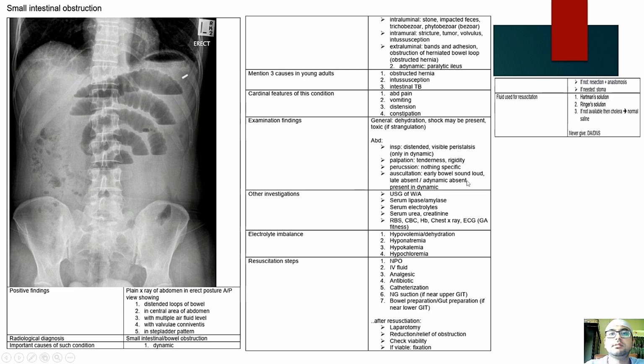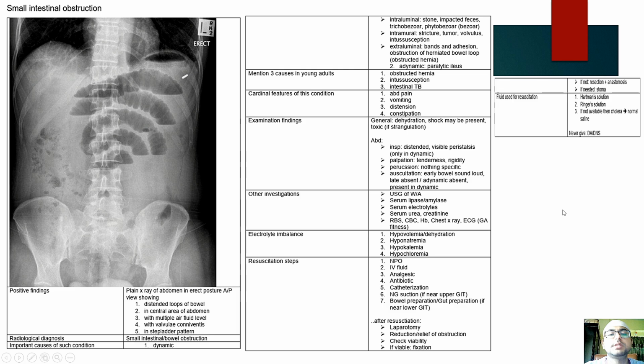Auscultation, early bowel sounds are loud, because by our gut nature it tries to propel the obstructed portion to the distal part. So initially the bowel sound will be loud, but when it fails, when the bowel cannot be moved, in that case bowel sound will be diminished or absent.